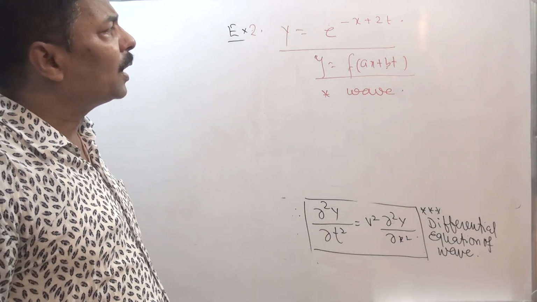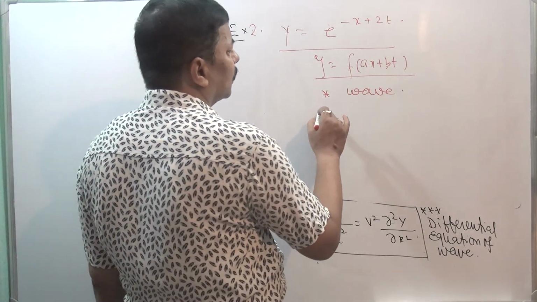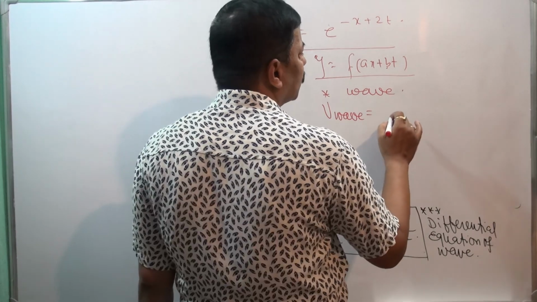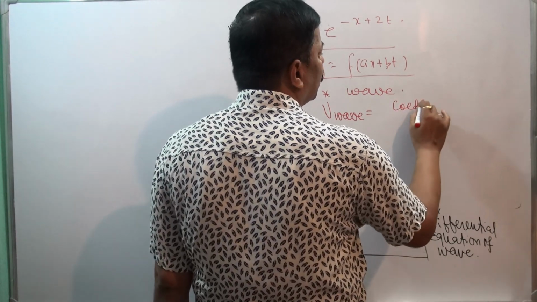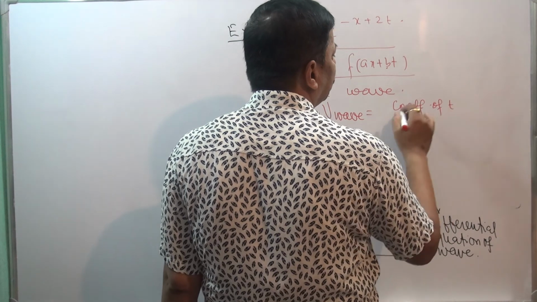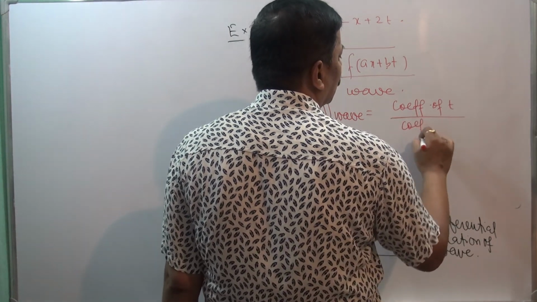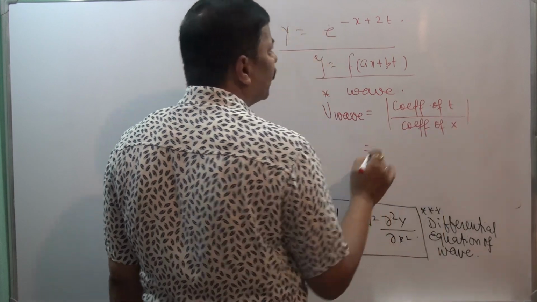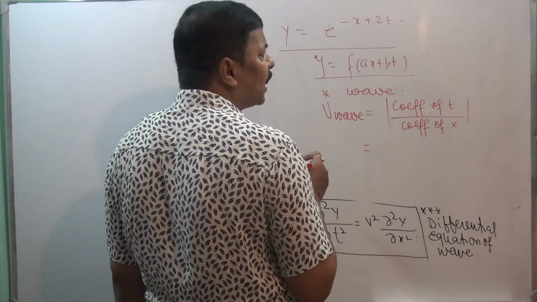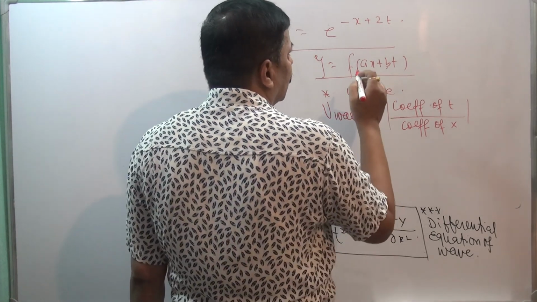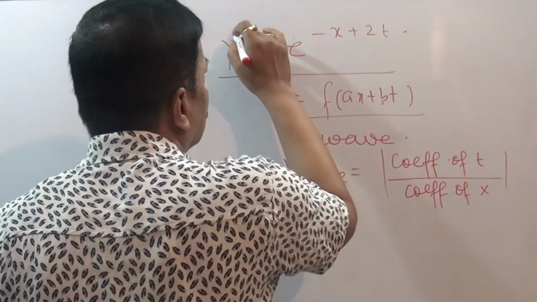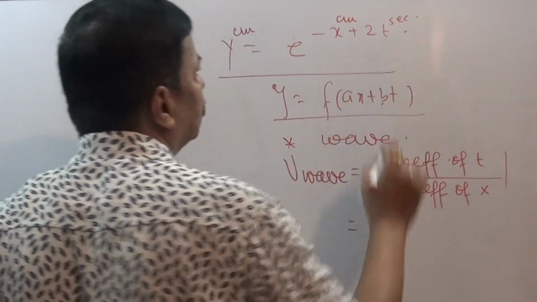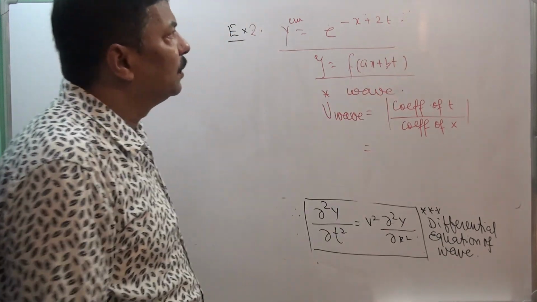And if you talk about the wave velocity, velocity of wave must be equal to coefficient of t by coefficient of x magnitude, in centimeter per second.